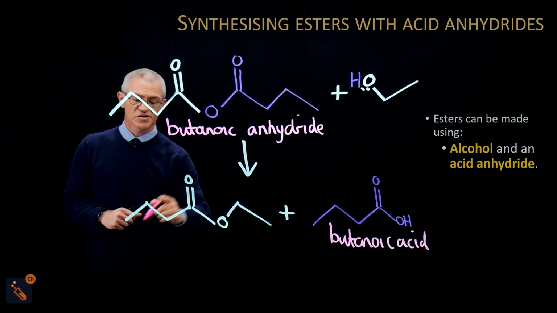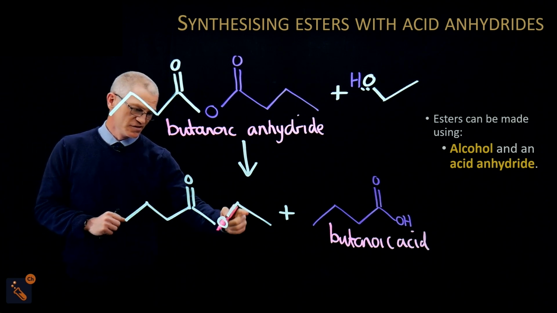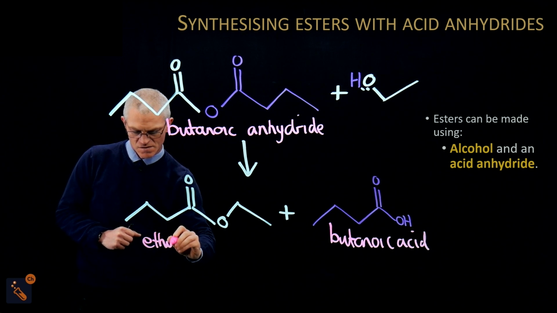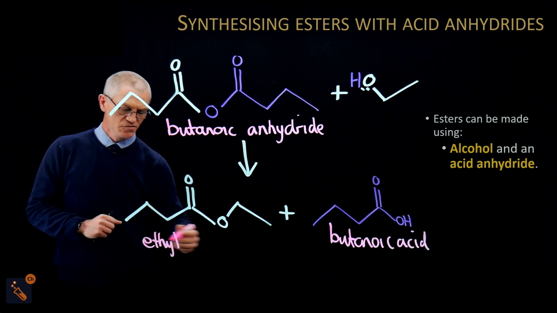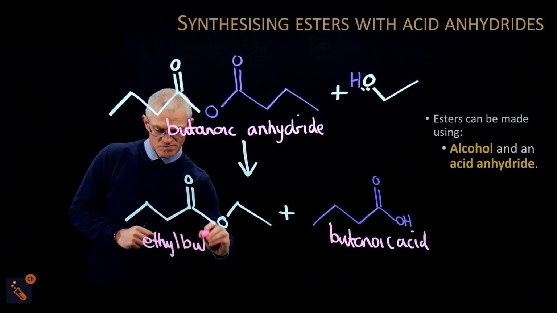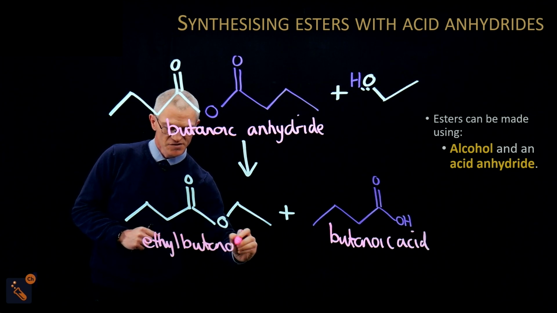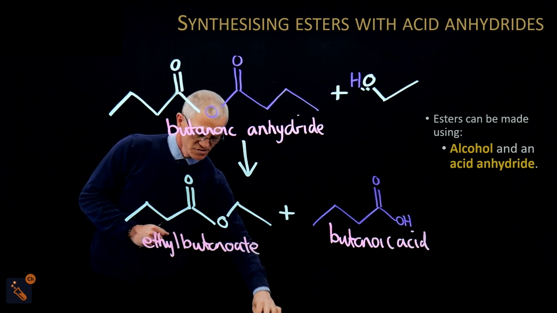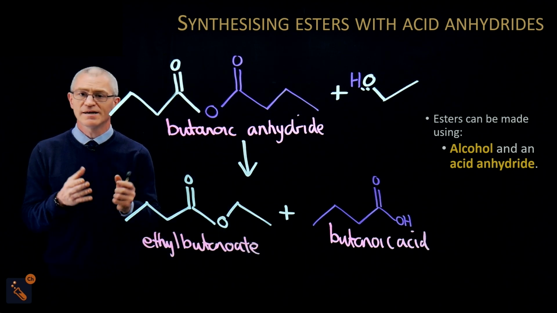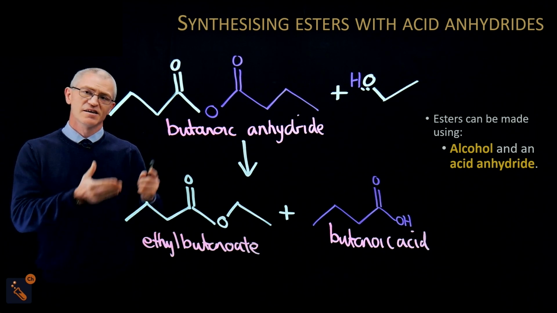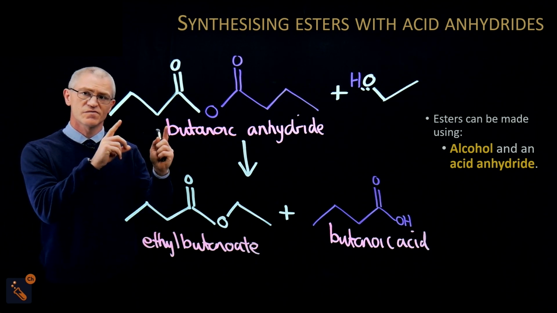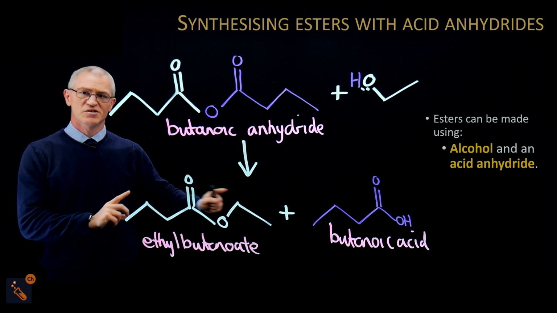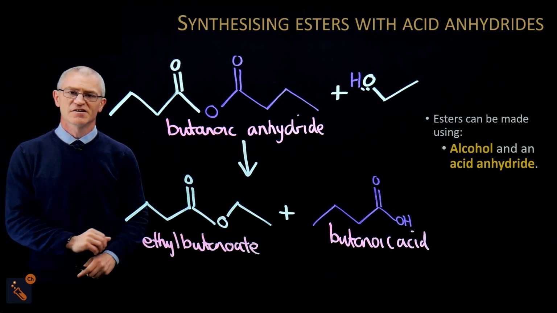And you'll also get, and we'll practise naming again, here you've got the alcohol group, which is ethyl, and then you've got 1, 2, 3, 4, which is butan, and then finishing it with -oate. So that is how you make an ester from an acid anhydride, and you will make your ester plus a carboxylic acid.